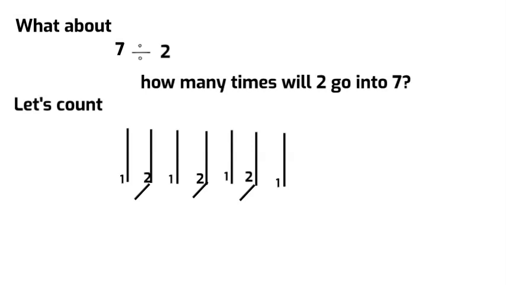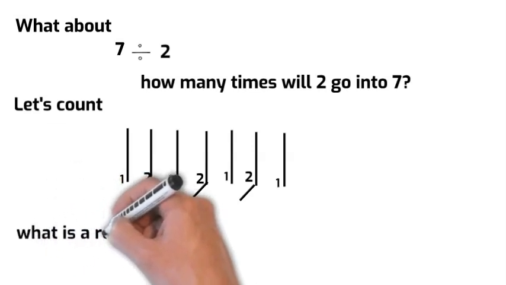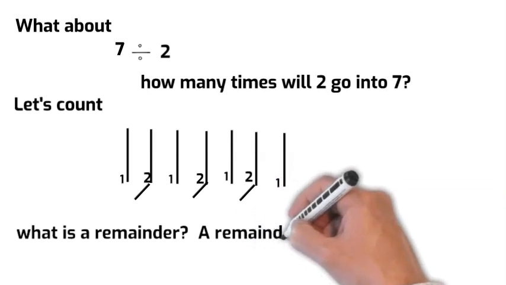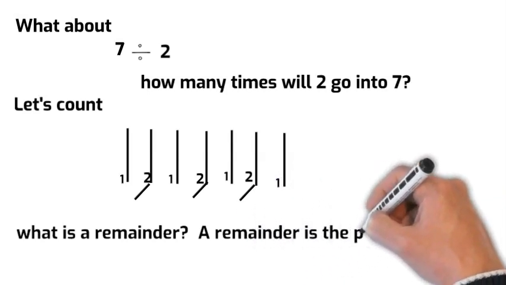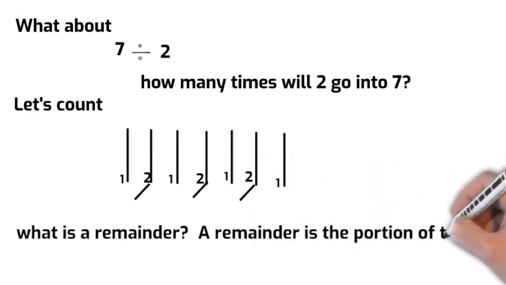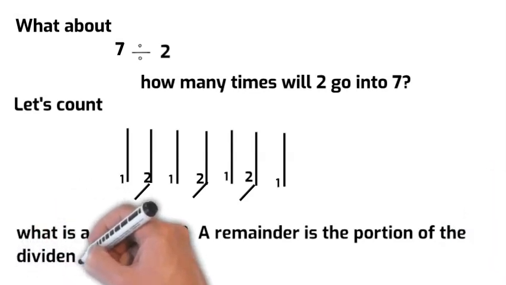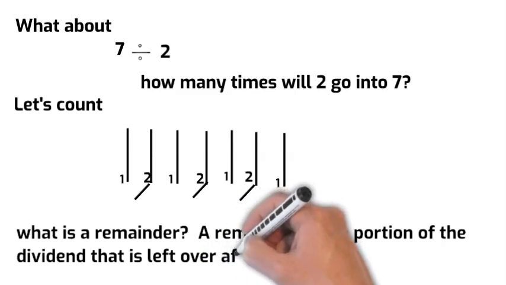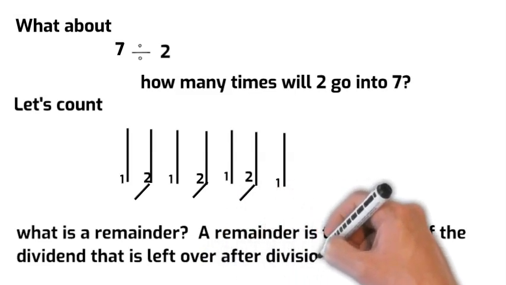It seems we have a remainder. But what is a remainder? A remainder is the portion of the dividend that is left over after division.